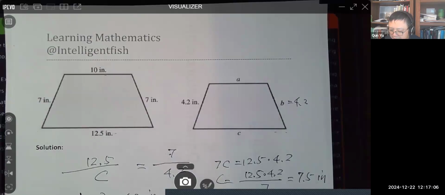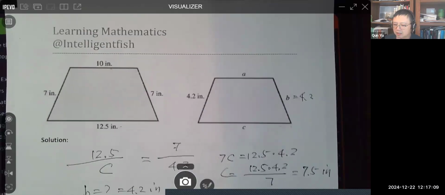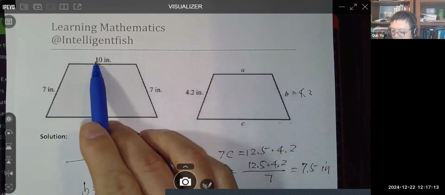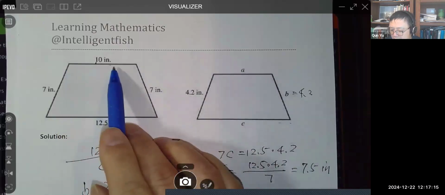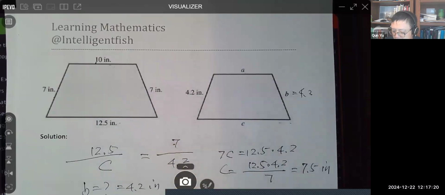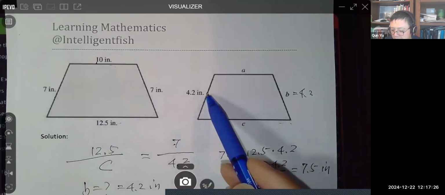Now let's look at A. For the setup for A, we have to have A in the setup. So this 10 is A. This is the shorter side in the parallel bases, right? So 10 over A, the other side will still use this pair because this pair is given.